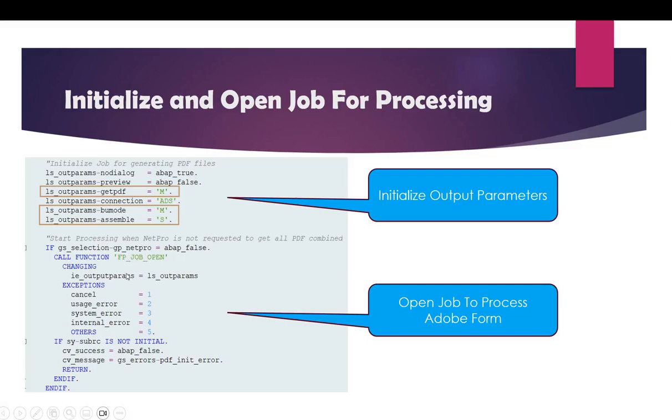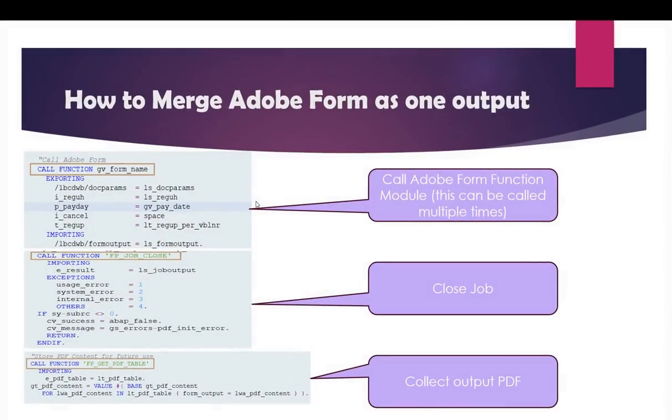We open the SFP job for the Adobe form. Once that is done, we call the function module name that we have got through the function module used to get the function module name of the Adobe form, and this can also be called multiple times.